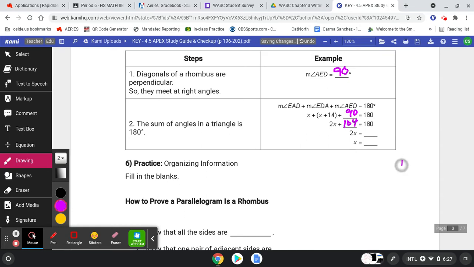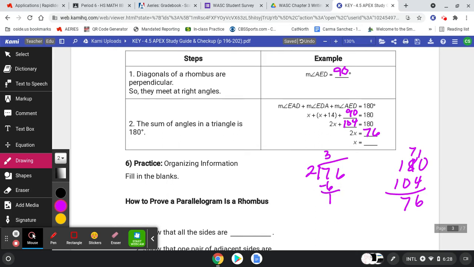Subtract the 104 from both sides. Leaves us 76. Divide 76 by 2. Gives us 38. So that's how we used it to solve backwards for x.